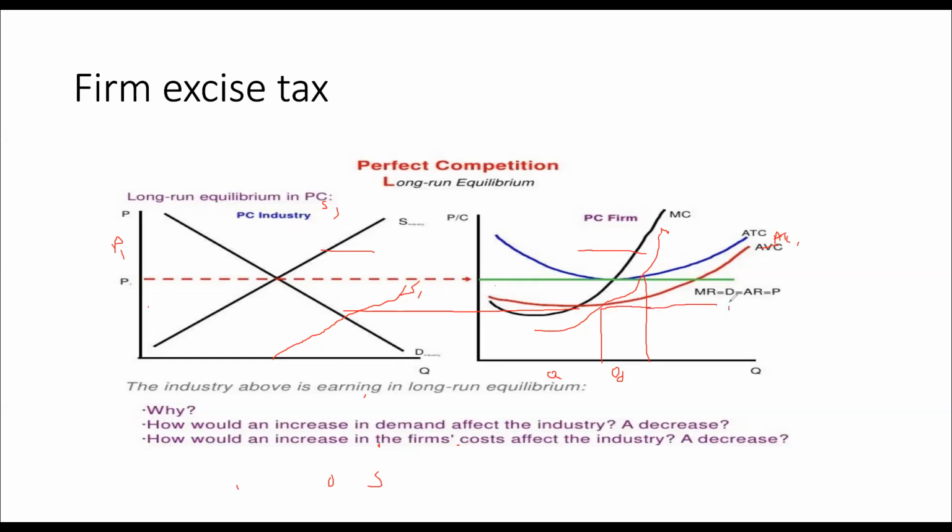So what's going to happen here? Price in the firm is going to go down, right? Price in the firm goes down. The original quantity was MC equals MR here. That's going to decrease in the industry.